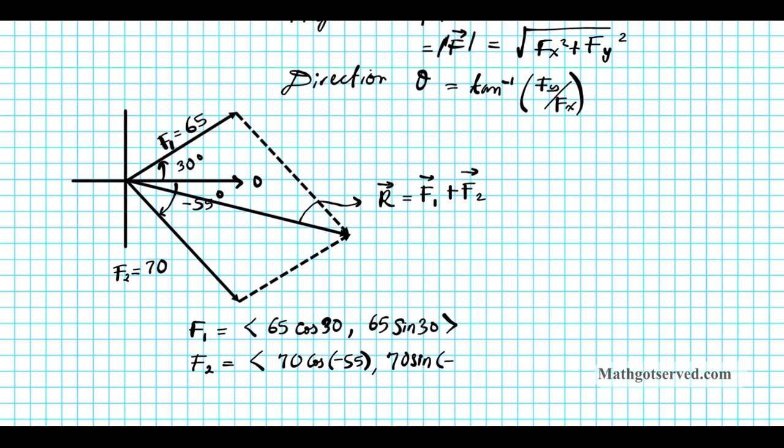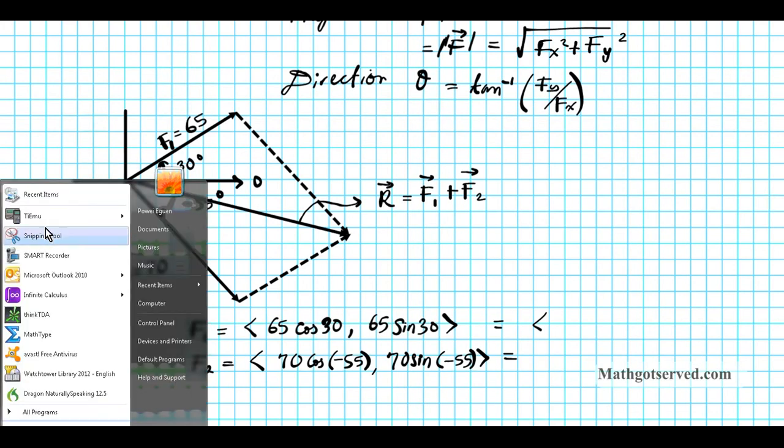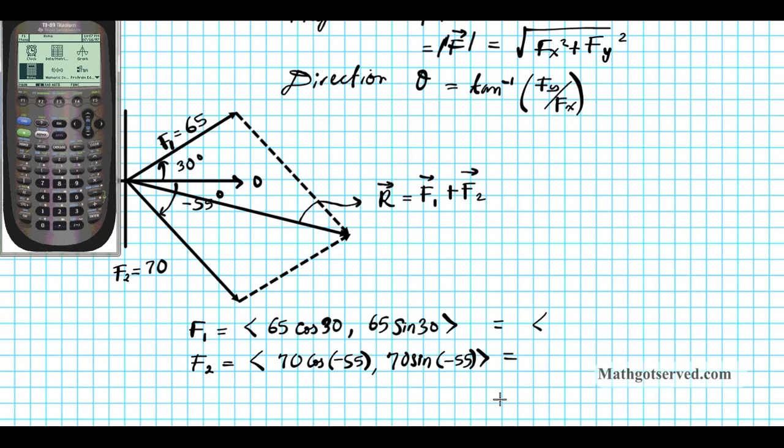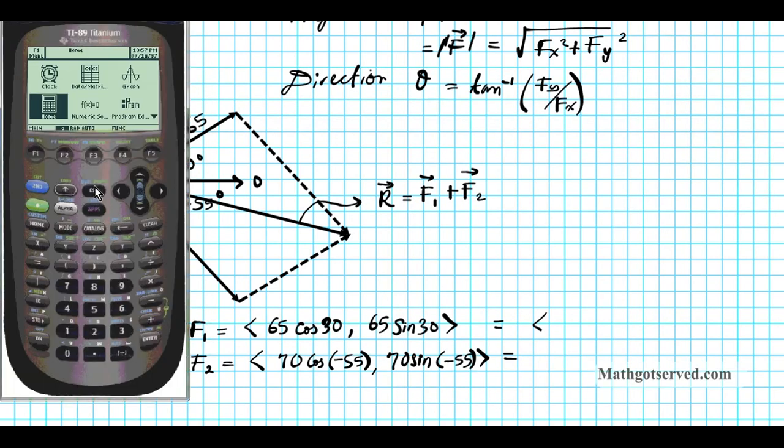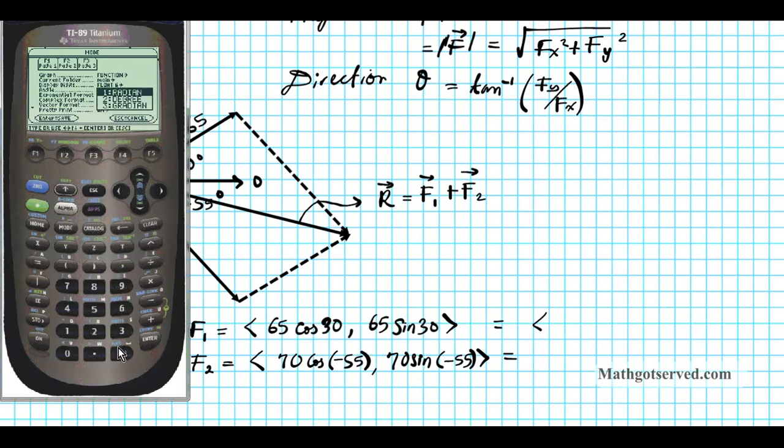Alright, so we're going to start with 65 cosine 30 for our x coordinate of F1, and then 65 sine 30 for our y component of F1. So we have 56.2917, comma, 32.5.